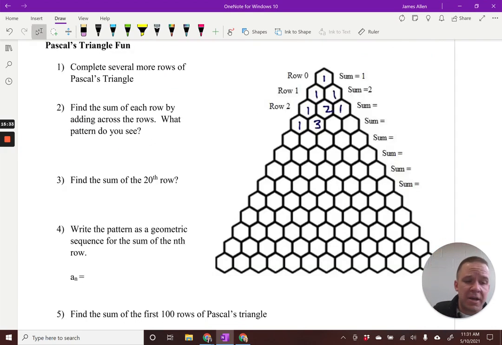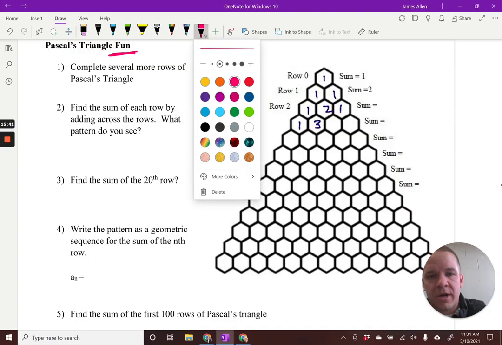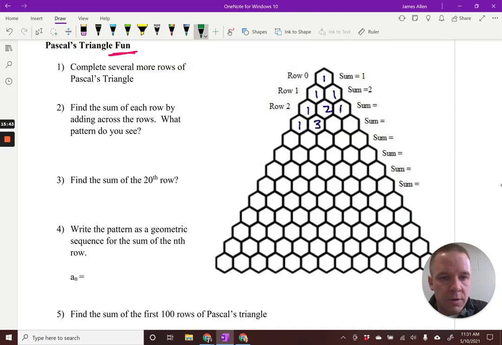All right. So for this one here, Pascal's triangle, fun. Okay. So this is going to be fun. Tell you what. Let's complete some more rows of Pascal's triangle, shall we? So we'd have 3 and 1, right? 1, 4, 6, 4, 1, 1, 5, 10, 10, 5, 1, 1, 6, 15.